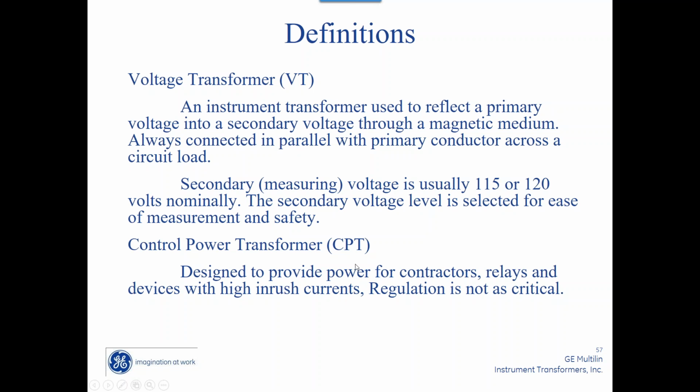So you need to be cognizant of that. A control power transformer will not maintain the regulation that a voltage transformer will. With a CPT, you may see the voltage drop 20% during that inrush, where a PT will not do that.